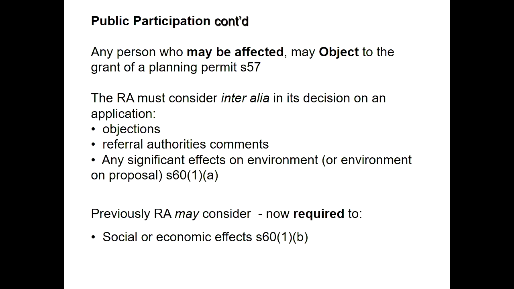Whereas politicians might be influenced by those. A change that occurred about 7 years ago is that we must now require social or economic effects, although I will say that is not particularly well used yet. I think we're still trying to get the hang of that one.